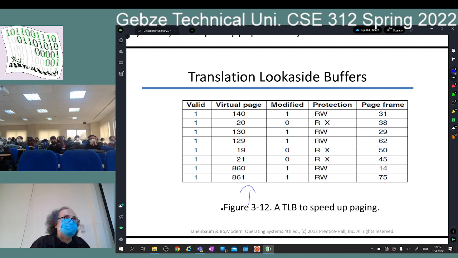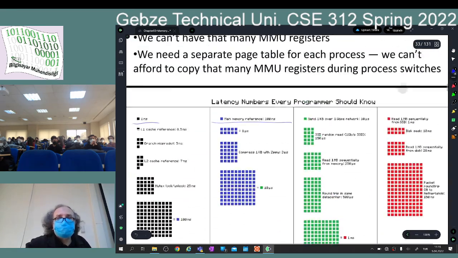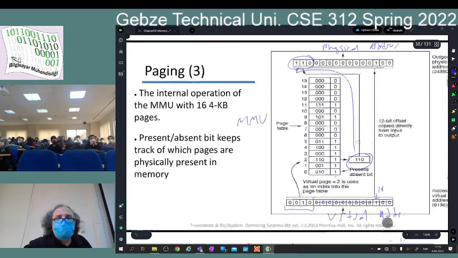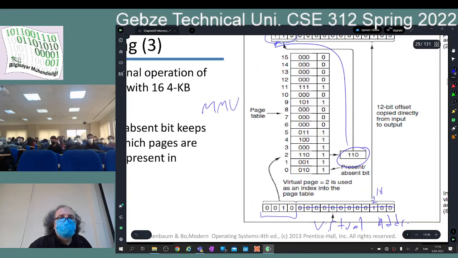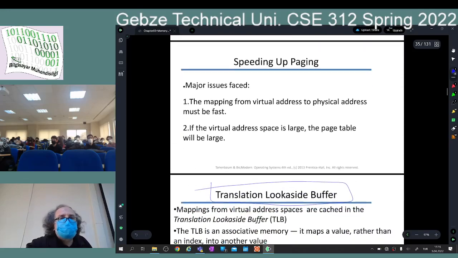This is how the cache works, right? What is the difference between a standard lookup and the cache lookup? For the standard lookup, like this one, you say give me the entry number 7. The entry number 7 is here. You just give this address. You just get 000 out. It is as simple as that. But with the cache structure or the TLB structure, you don't say give me number 7.